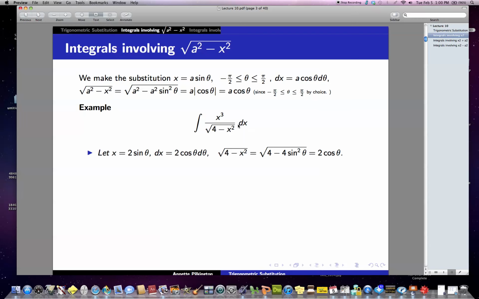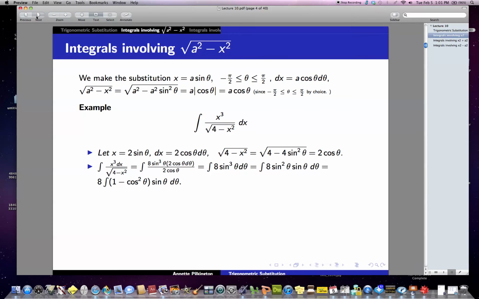Now this expression becomes simpler, but the dx becomes more complicated when I make this substitution. So I get dx d theta is 2 times cosine theta, so dx must be replaced by 2 times cosine theta d theta. And now, of course, x cubed must also be replaced by 2 cubed sine cubed theta.